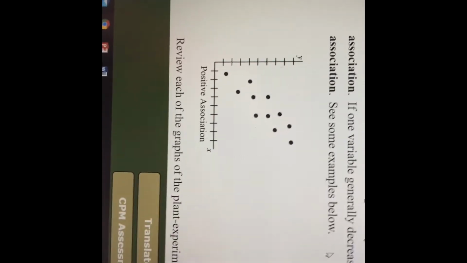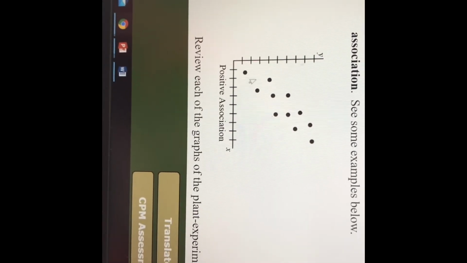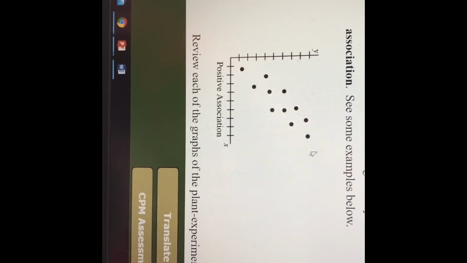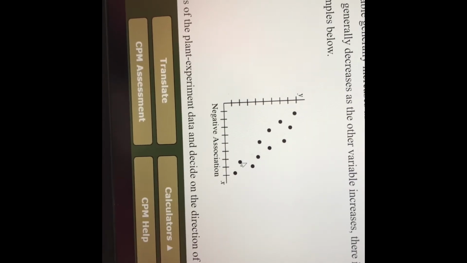So here's some examples. Here's the positive association, where it looks like that upward trend goes up and to the right. Here's a negative association where it kind of starts up and then it goes down as you move to the right. And then no association is kind of no consistent trend going on.